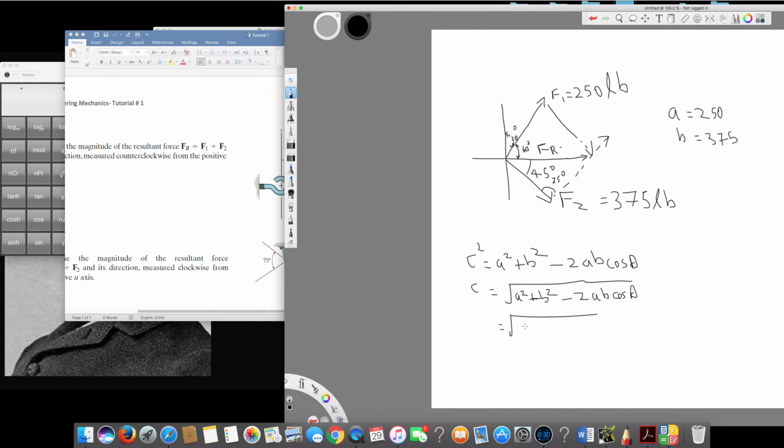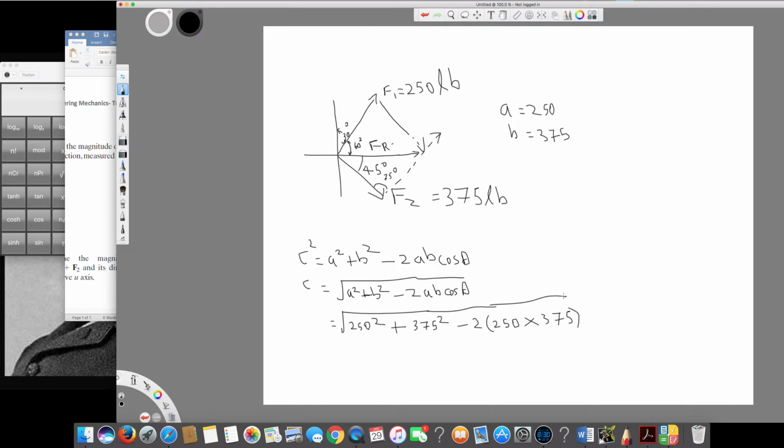So we are gonna put 250 square plus 375 square minus 2 times 250 times 375 cos theta.